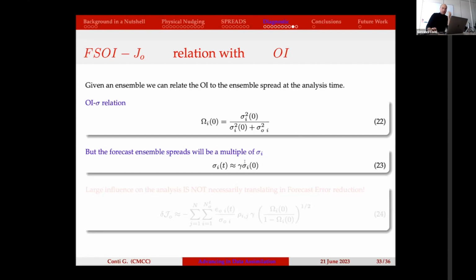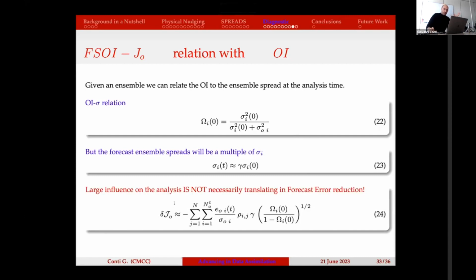So if we substitute this relation in the original formula, and we consider the connection of the spread at time 0 with the observation influence, we have a connection between our objective forecast impact and the observation influence. And so we can relate these two important quantities.